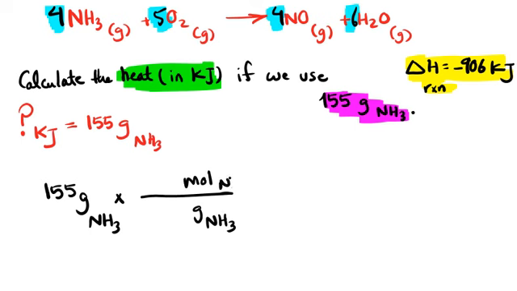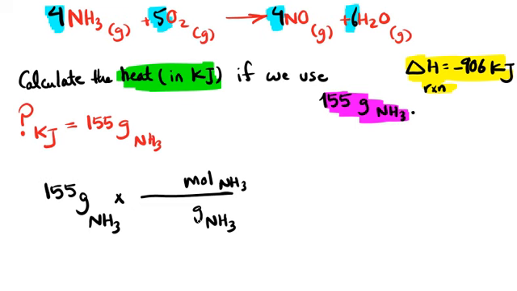The reason we need to do that is because the numbers on the balanced equation, they are moles. So always we need to convert to moles to apply the balanced chemical equation information. The coefficients on the balanced equation, they are moles as an SI unit of quantity in chemistry.